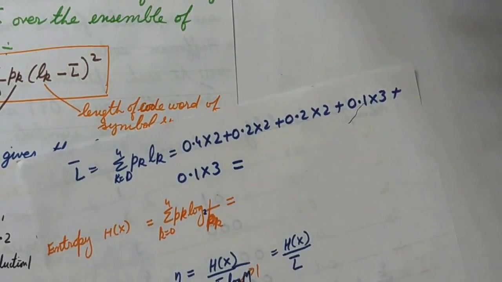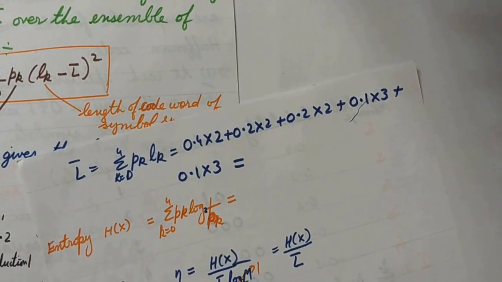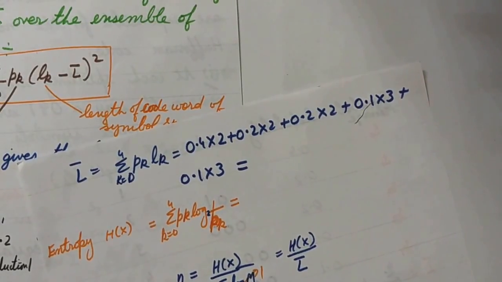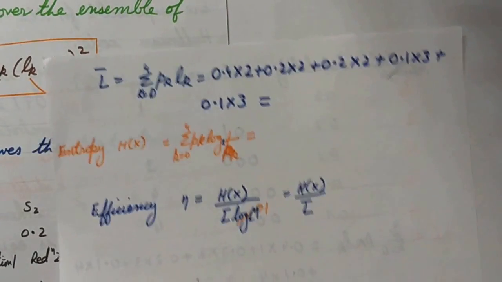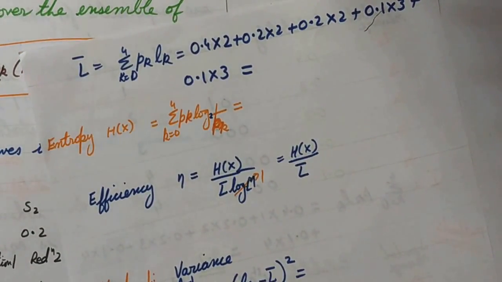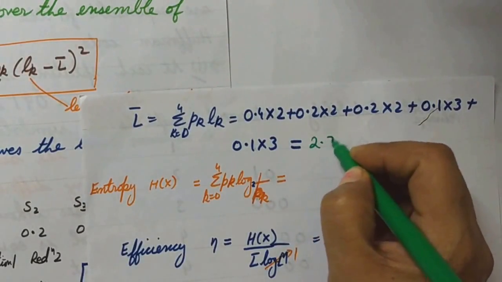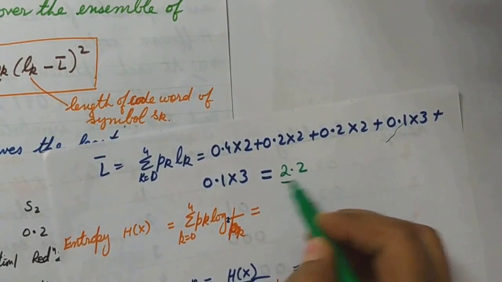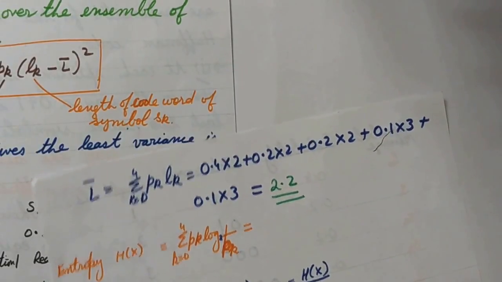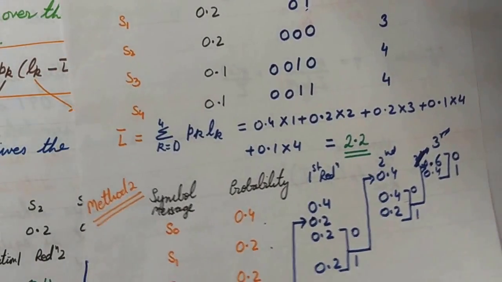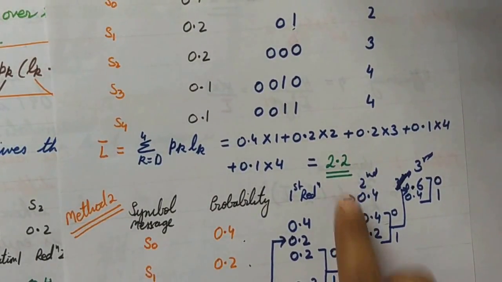Now if you sum up all these values, you will get 2.2 again. So I'll write this value, 2.2. So here also the average length is 2.2, and in the previous method the length was also 2.2.